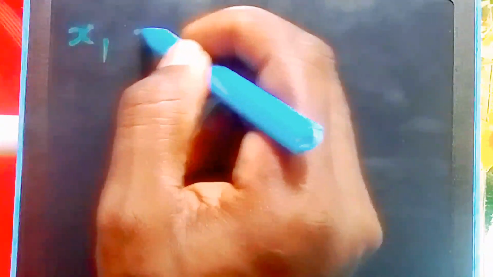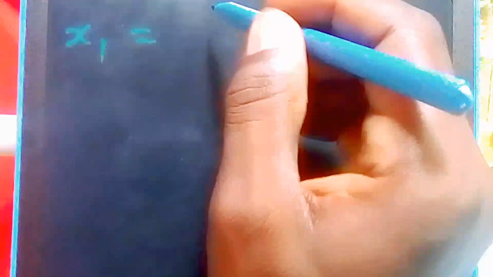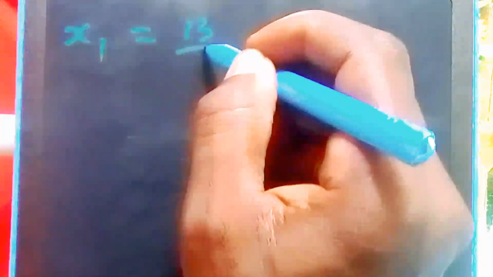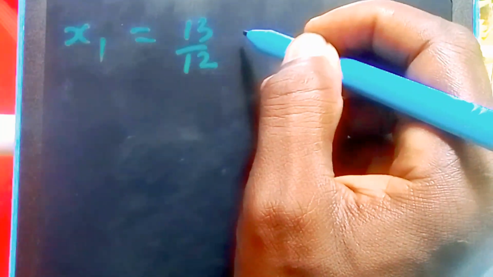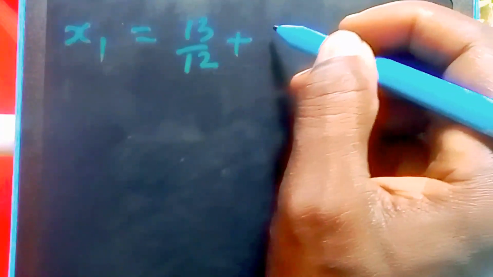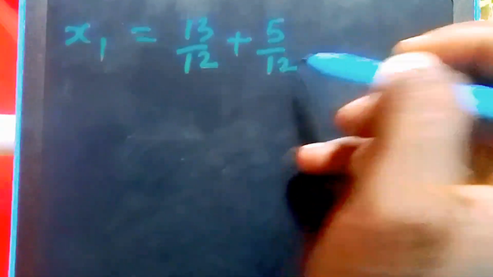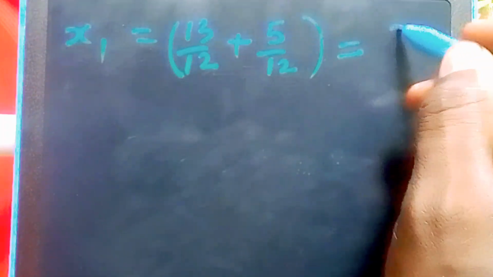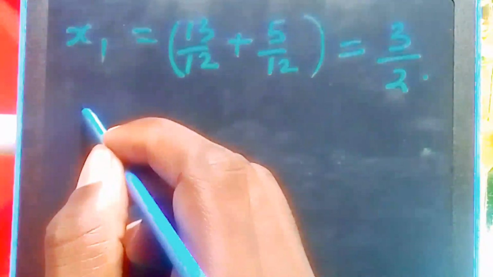So if we took the positive to give us our first x, that is going to be 13 over 12 plus 5 over 12. And the whole of this is going to give us 3 over 2.